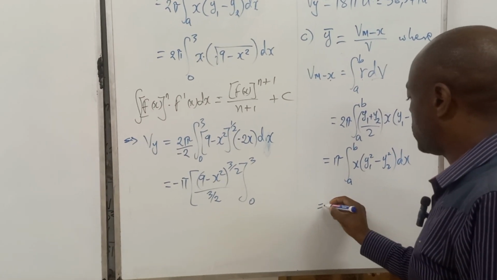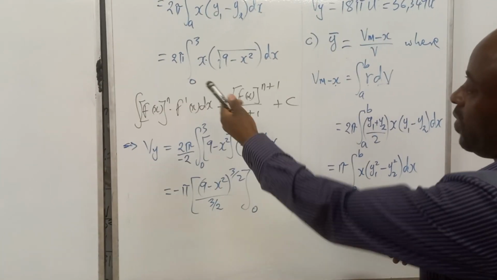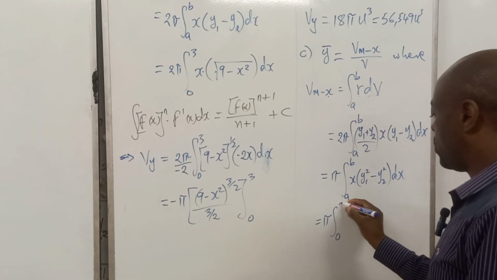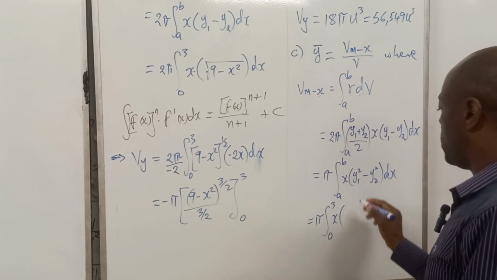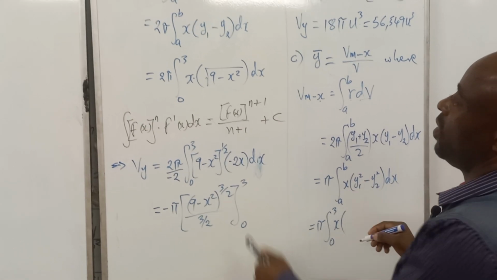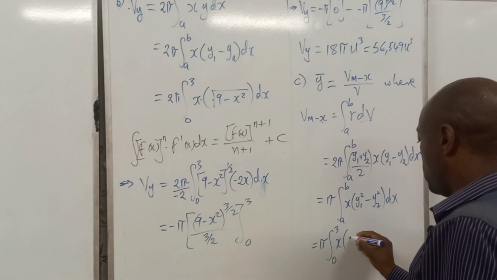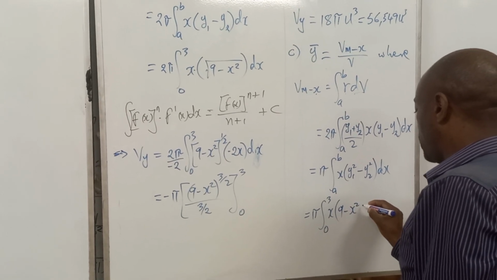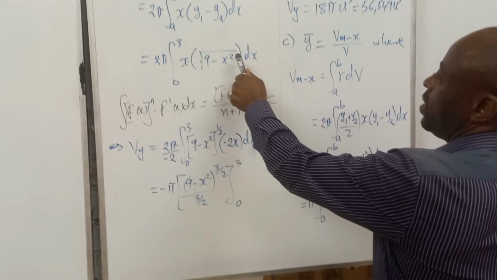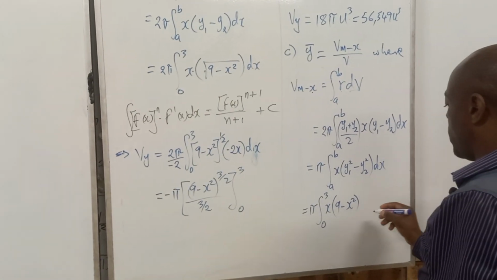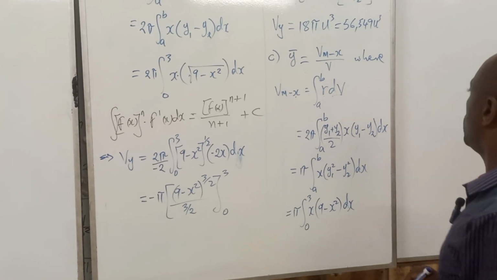Then I can start substituting my information as before. The integral from 0 to 3 of x into y1 squared. You still remember what was our y1? It is the square root of 9 minus x squared. So I'll get 9 minus x squared, since we're squaring it, you take off the square root. Our y2 is 0. So that's what we get.